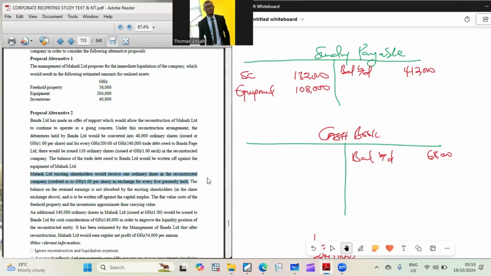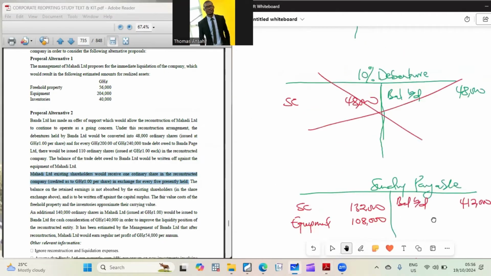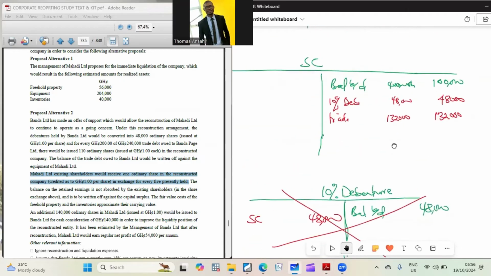Please look at the words of the question very well. How much was the shares? They were 400,000 shares. Now the question is saying that they are going to exchange that. So you will receive one ordinary share.